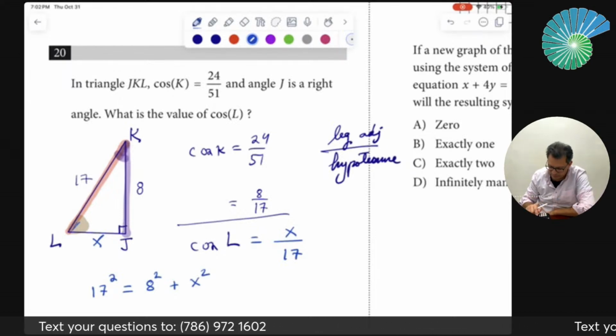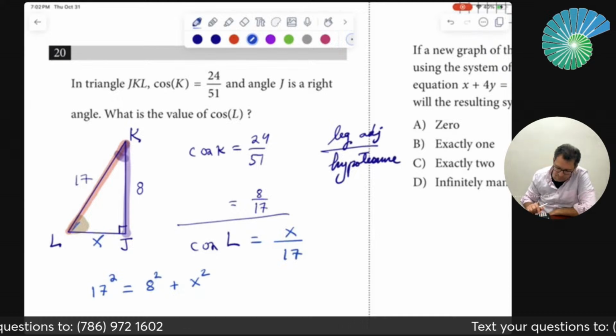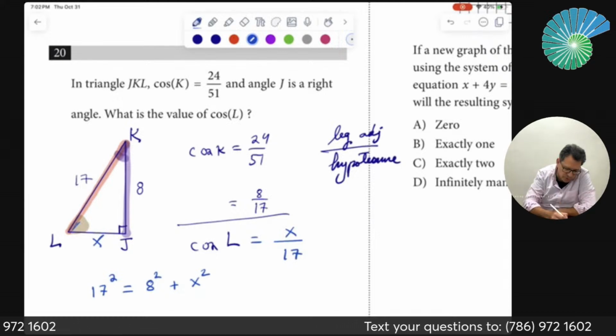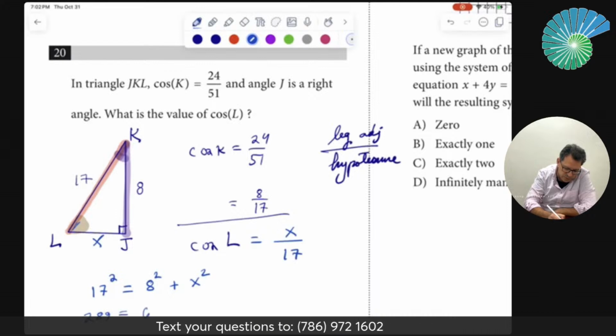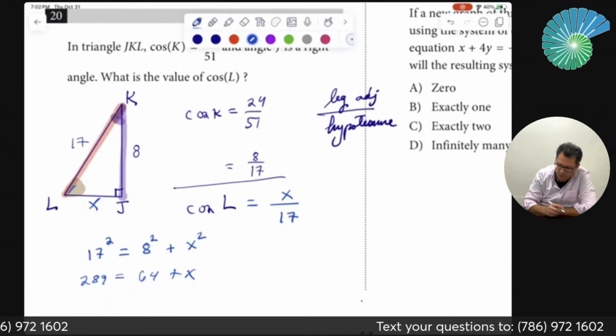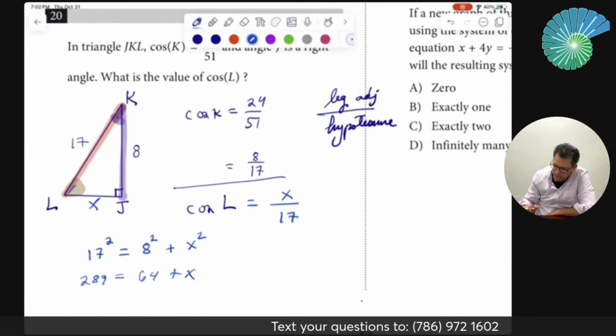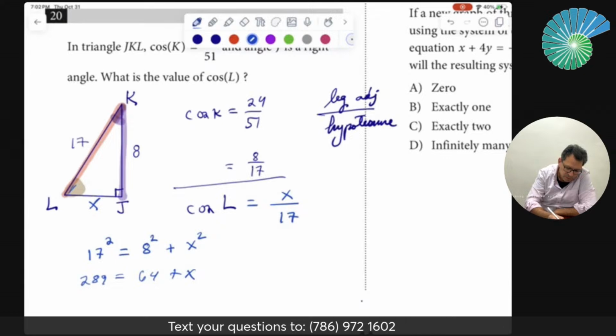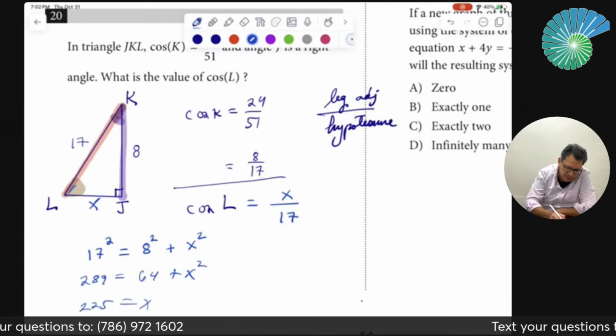What is 17 squared? 289. 8 squared is 64. Subtract 64. Oh, sorry, this is squared here. You get 225 is equal to x squared.